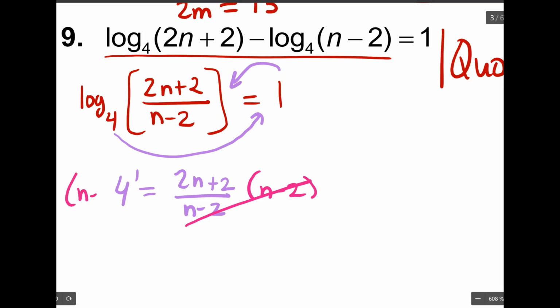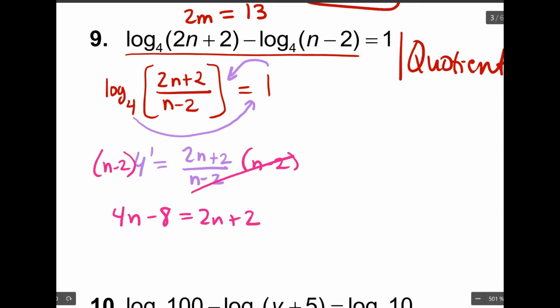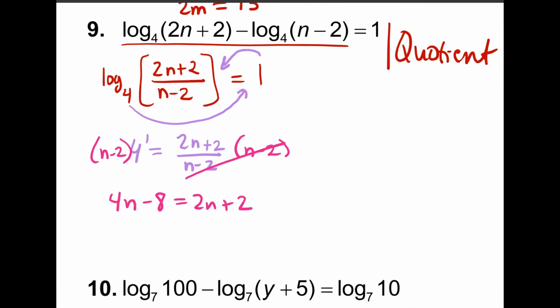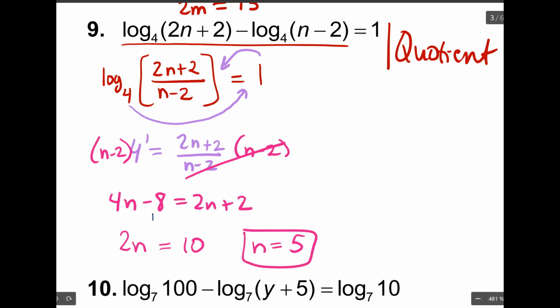Multiply this side by n minus 2. So 4n minus 8 is equal to 2n plus 2. And subtract 2n from both sides, add 8. Let's see, so add 8, subtract 2n, divide by 2, and I get n equals 5.